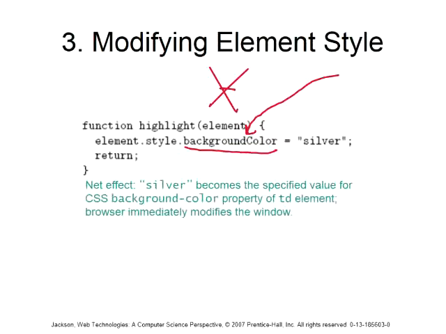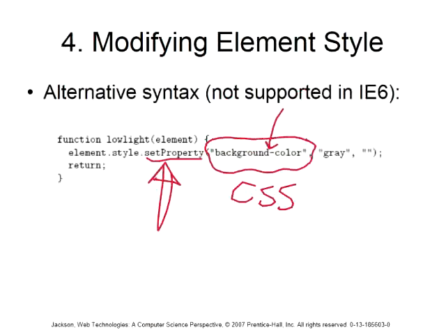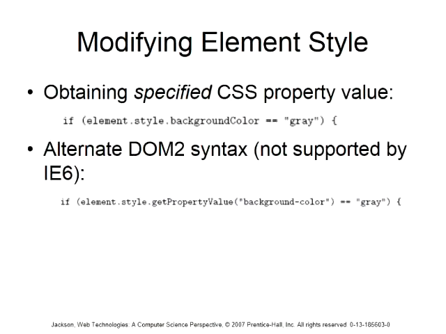So if we want to get this style, we can write element.style, or element.style.getPropertyValue. So to get the style, for example to verify if the background style is gray, this instruction is equivalent to this one.